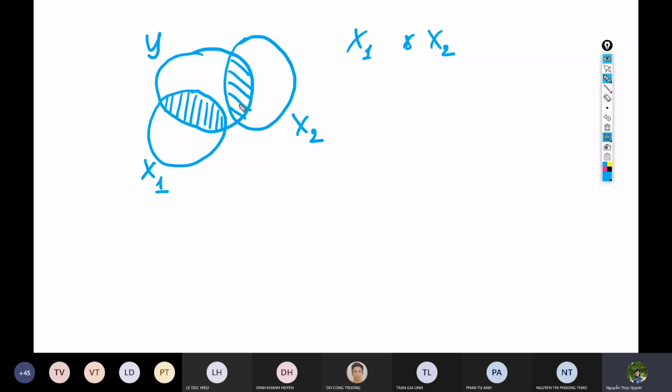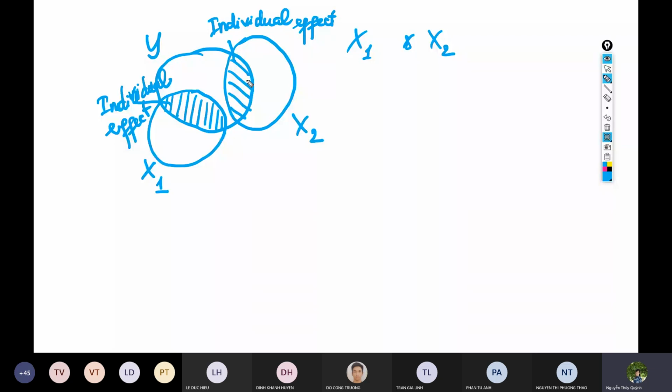So these two areas are independent of each other, and they are called the individual effect of x1 on y, and this one is the individual effect of x2 on y. This is the case when there's no correlation between x1 and x2.